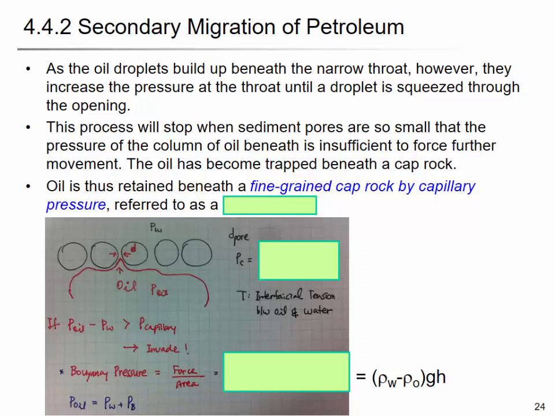So the air pressure and the capillary pressure plus the water pressure here, they are competing with each other. Right? If you keep increasing the air pressure, at some point it will become larger than these two values, the Pc and the Pw. Then you start invading.